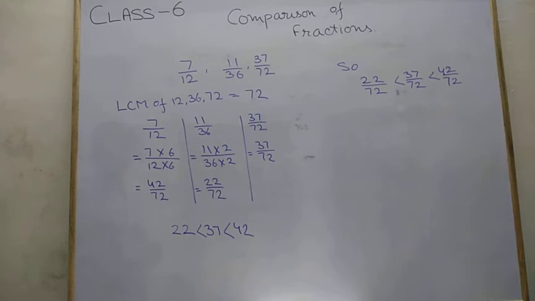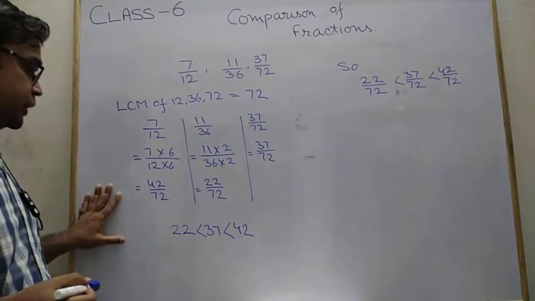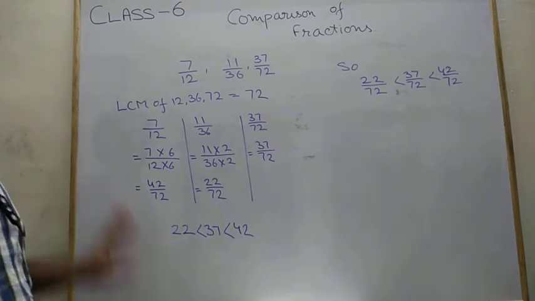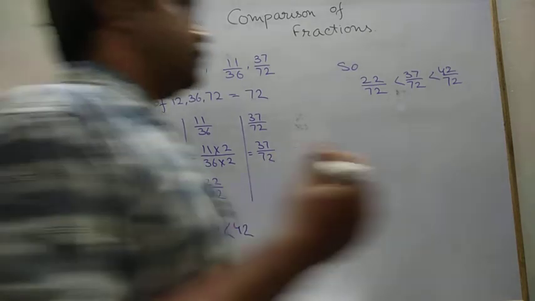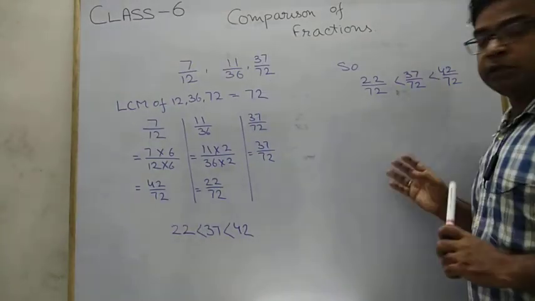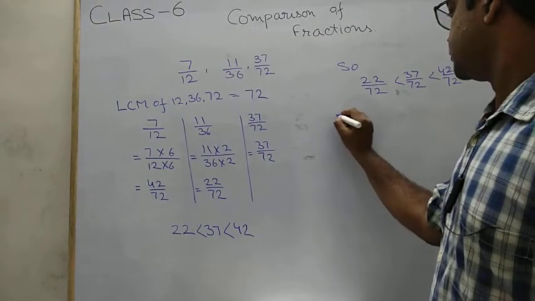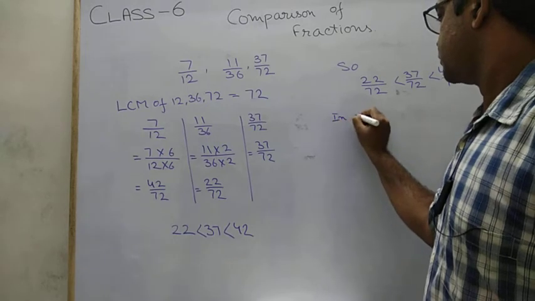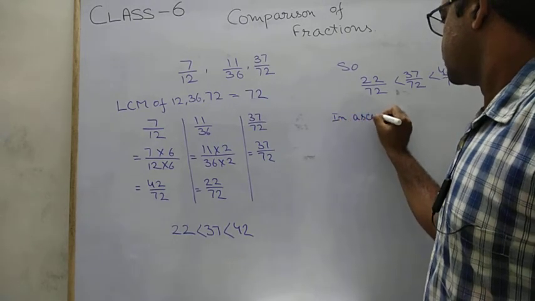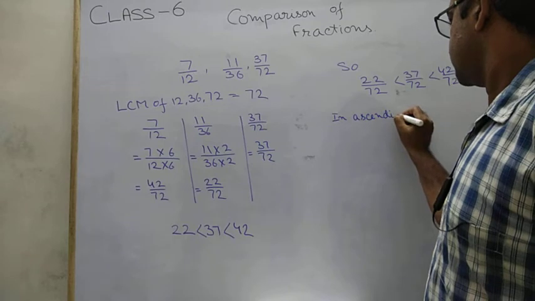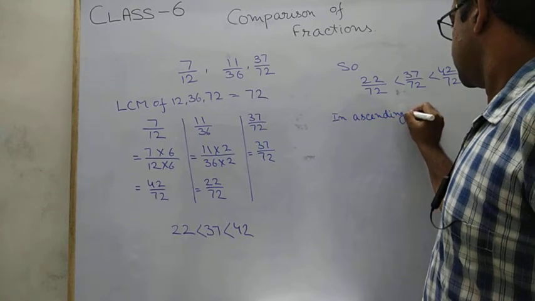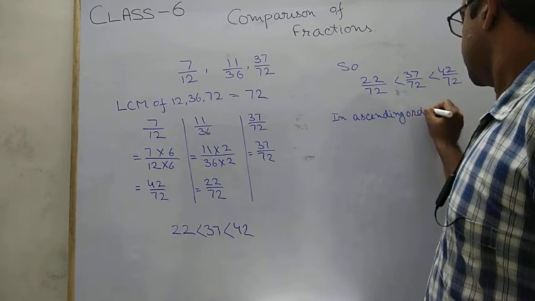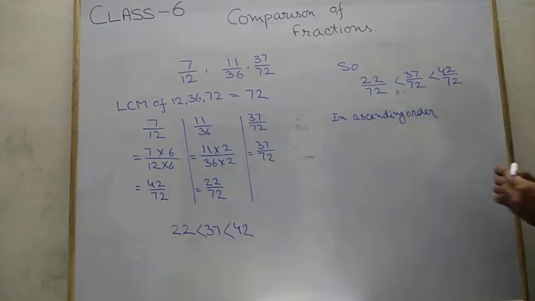So if we are going to arrange in ascending order, what we are observing is that ascending order means lower to higher value.